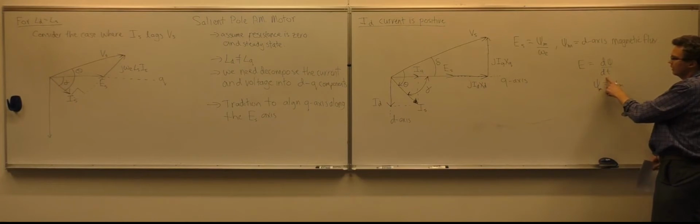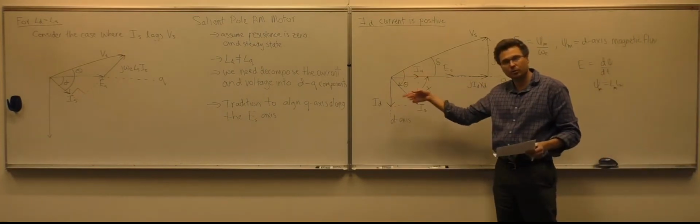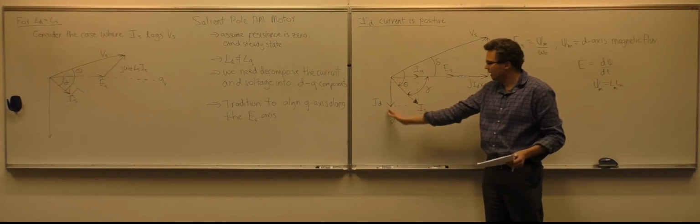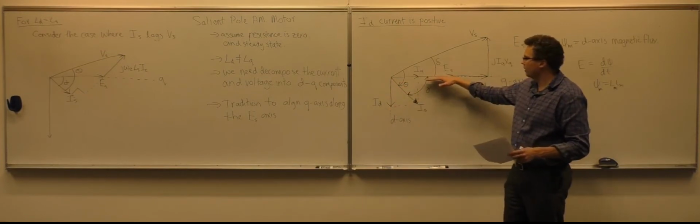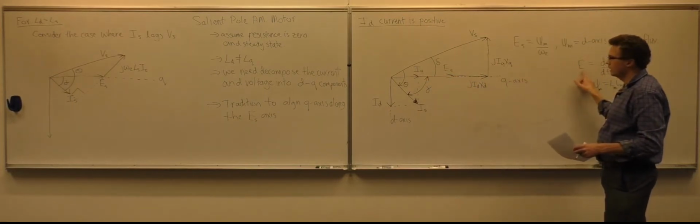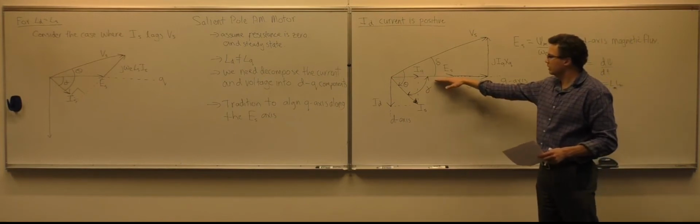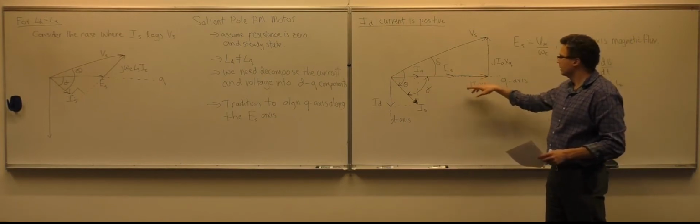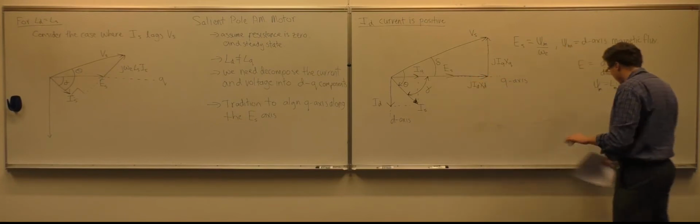If you take the derivative of this, and the flux is aligned with the d-axis, then the voltage is rotated by 90 degrees because of the derivative with respect to time. That's why it makes sense to have the voltage on the q-axis there.